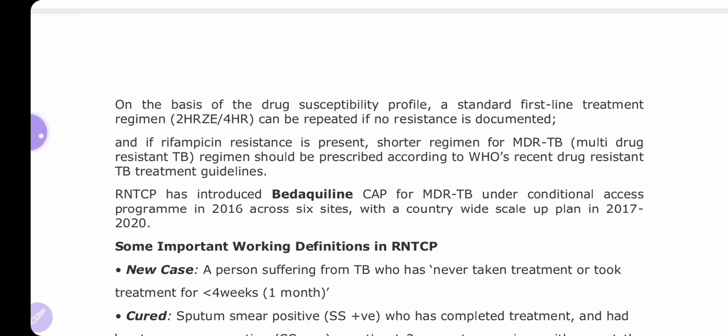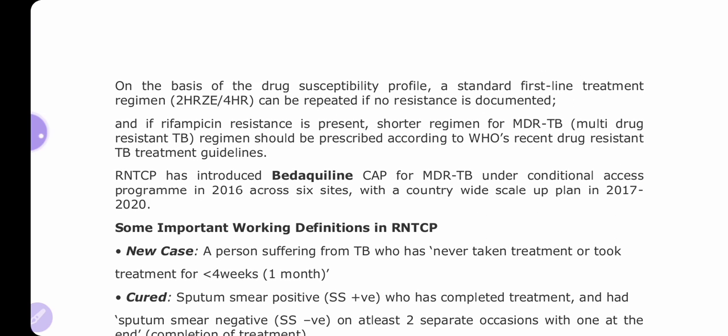On the basis of susceptibility profile, a standard first line treatment, that is 2 months HRZE and 4 months HRE, can be repeated if no resistance is documented. And if rifampicin resistance is present, then a shorter regimen for MDR TB, that is multi-drug resistant TB regimen, should be prescribed according to WHO guidelines for drug resistant TB treatment.